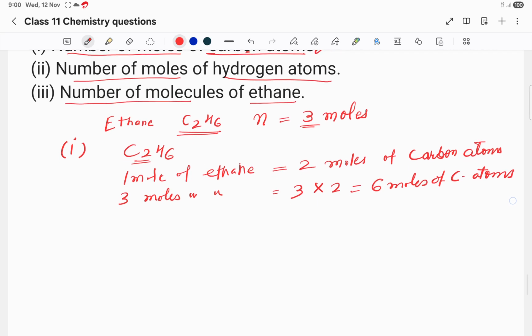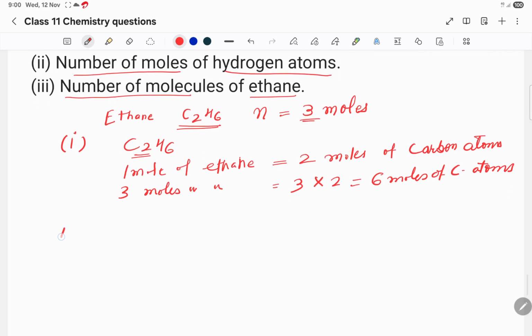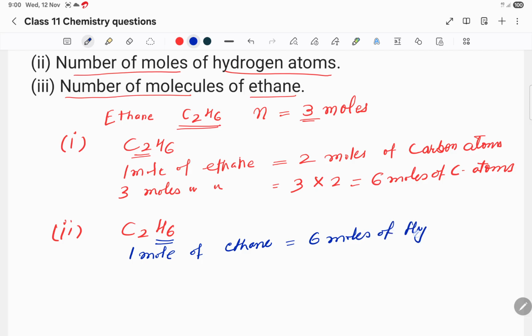Next is number of moles of hydrogen. Once again we are going to see that in C2H6, right, this is ethane. How many hydrogens are there? There are 6 hydrogens. That means 1 mole of ethane has 6 moles of hydrogen atoms.